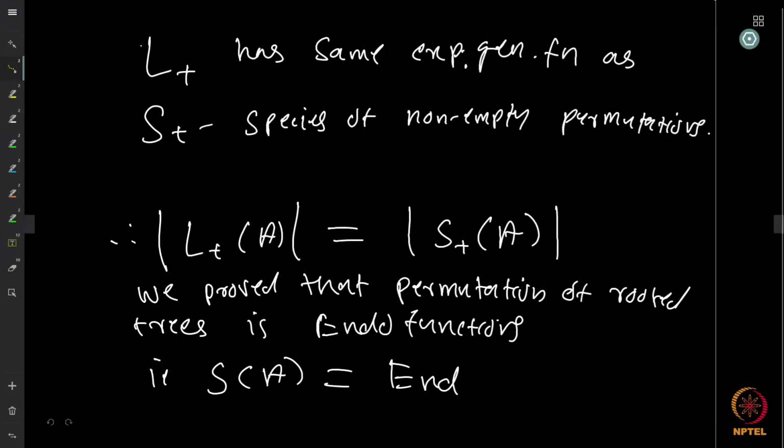We know that the species of linear orders and the species of permutations have the same number of elements. When you look at the exponential generating function, they are the same.